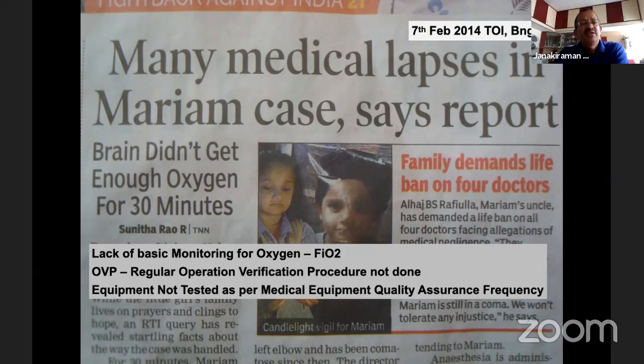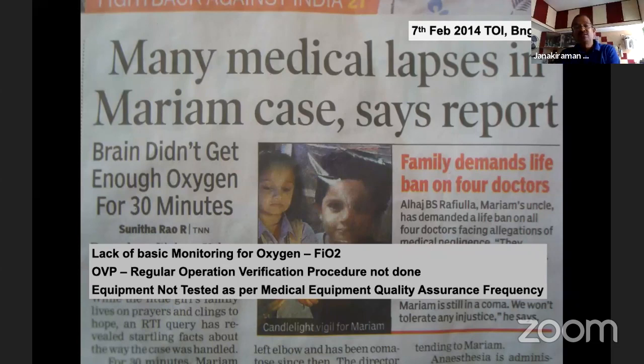It was not even having an oxygen analyzer, which to me is a life-saving medical equipment. They set a particular amount of nitrous and oxygen, and according to the proportion, they calculate the percentage. The calculation would not have gone wrong, but because of the malfunction of the machine, the patient slipped into coma. She is still alive.